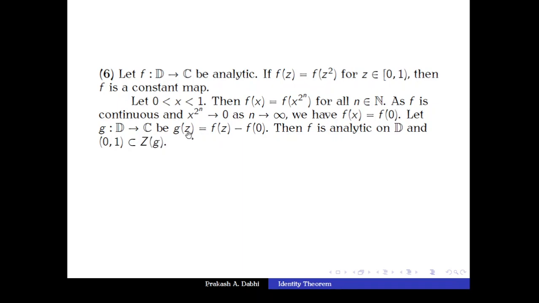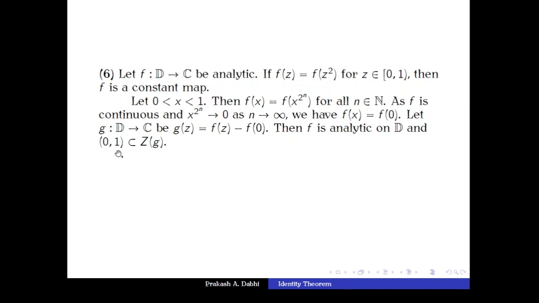Because if we take any x from (0, 1), then g of x equals f of x minus f of 0, and we have already shown that for any x in (0, 1), f of x is the same as f of 0. So (0, 1) is contained in the set of zeros of g. The function g is analytic and D is a domain. Now the set (0, 1) has a limit point 0, or you can also say 1/2. In fact, every point of [0, 1) is a limit point.